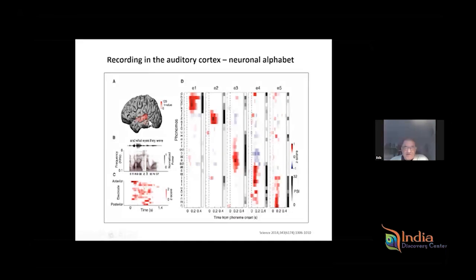I found this paper from a neurosurgeon who was working with epileptic patients. Today the epilepsy treatment is to figure out where the focus is, where these epileptic bursts start inside the brain.